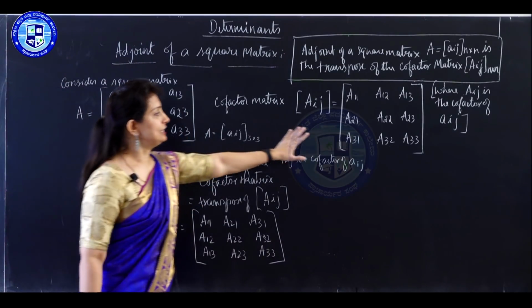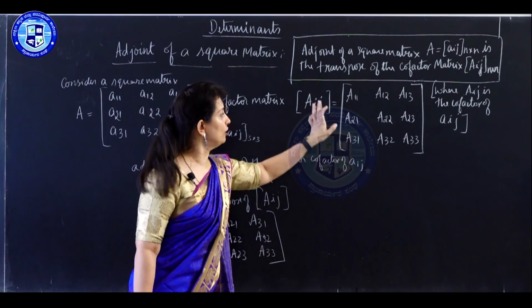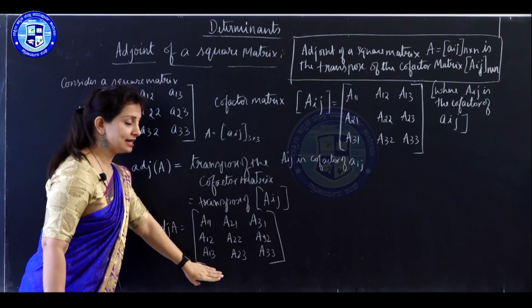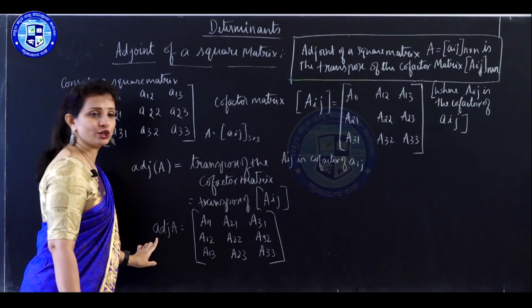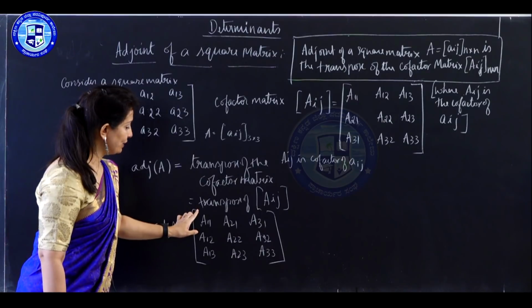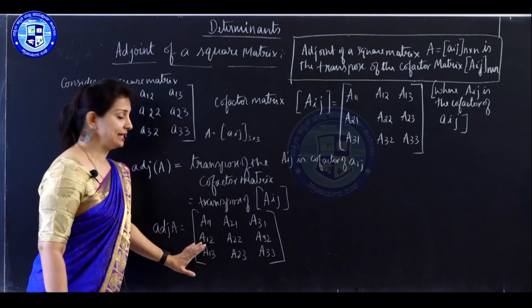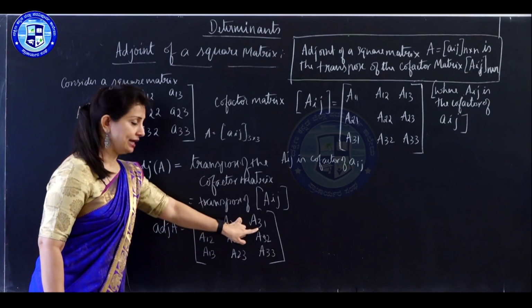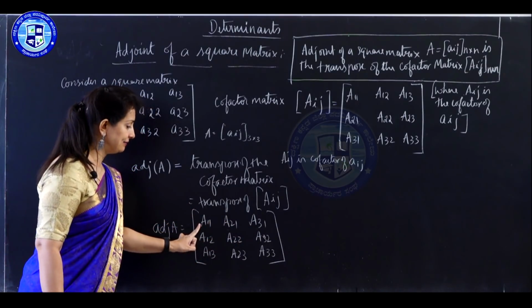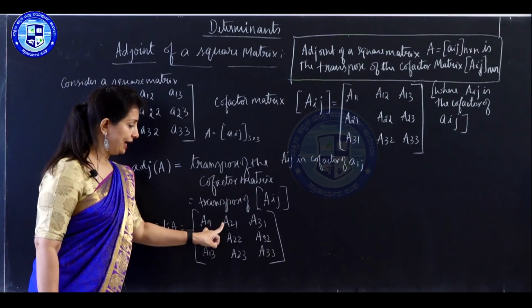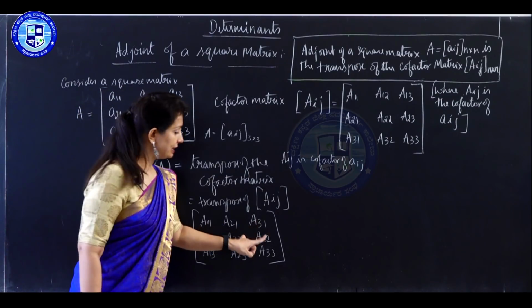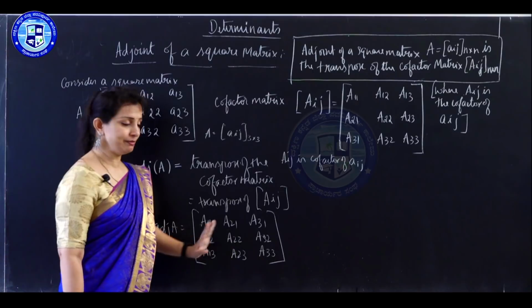So, when you interchange the rows and columns of the cofactor matrix, that is the transpose of the cofactor matrix, which is adj A. Look at this, it is how we represent adj A: A11, A21, A31 written vertically, then A12, A22, A32, then A13, A23, A33. Please make a note of this.